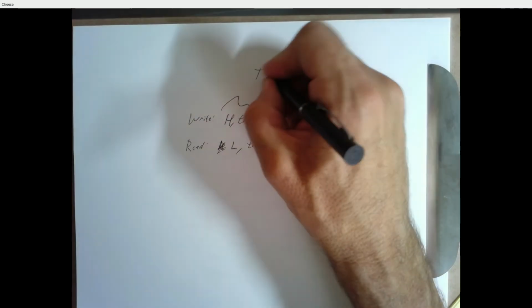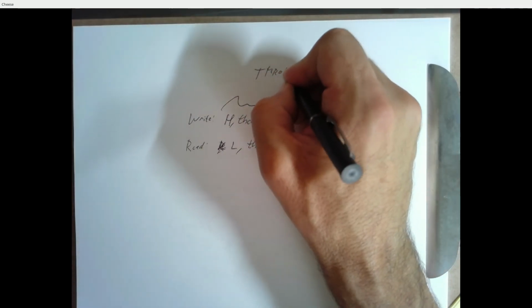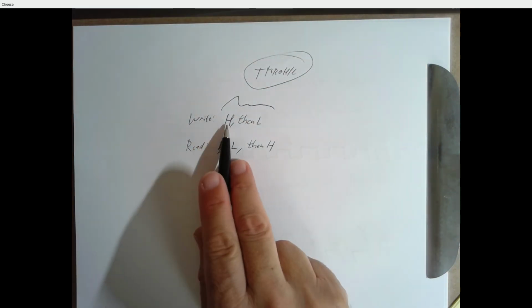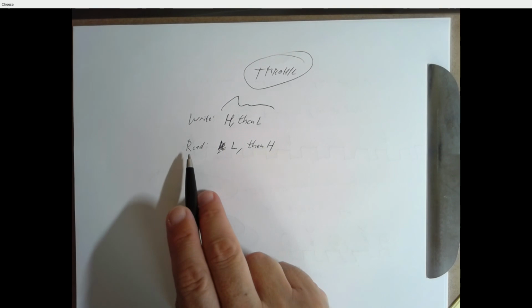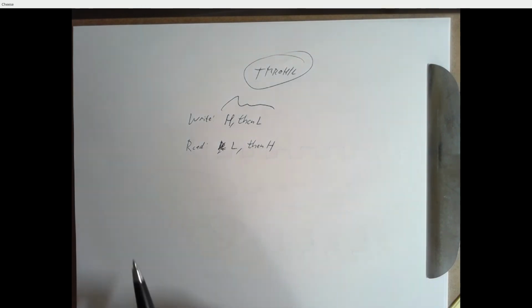It would take an entire lecture just to explain why we have to do things in this order, but we can talk about it another day in person if you're interested. But you can just take it as a given when we're working with timer 0 high and low. When you're writing values here, write the high byte first and then the low byte. When you're reading, read the low byte first and then read the high byte.